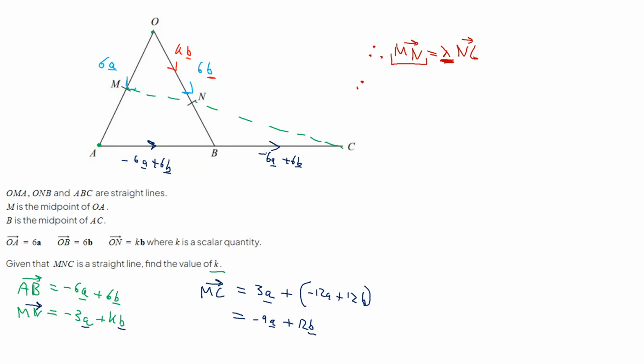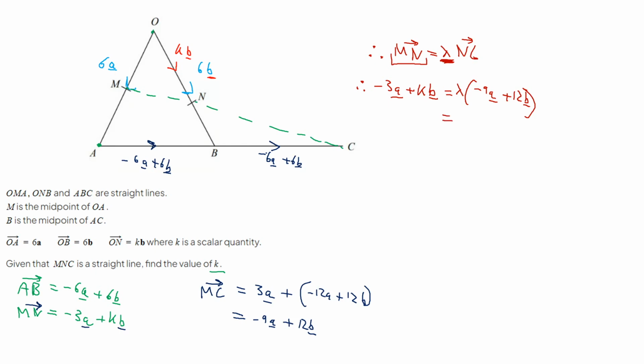We can rewrite, what did we say MN was? MN is minus 3A plus KB, and that's equal to lambda times minus 9A plus 12B. You can do lambda on either one. It all works the exact same, and you'll see why in a second.